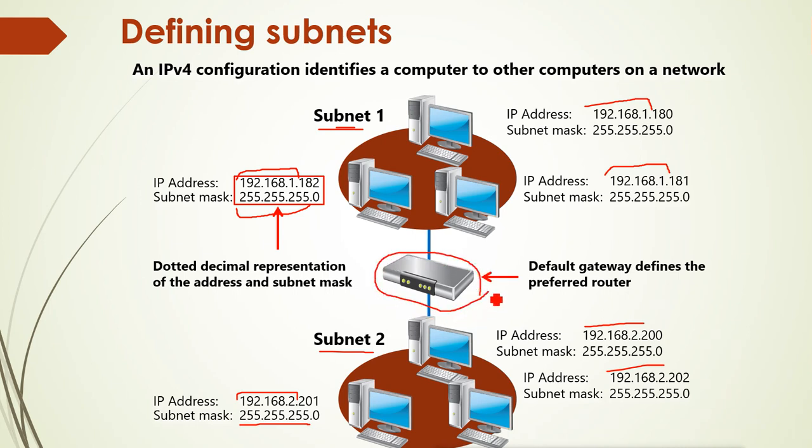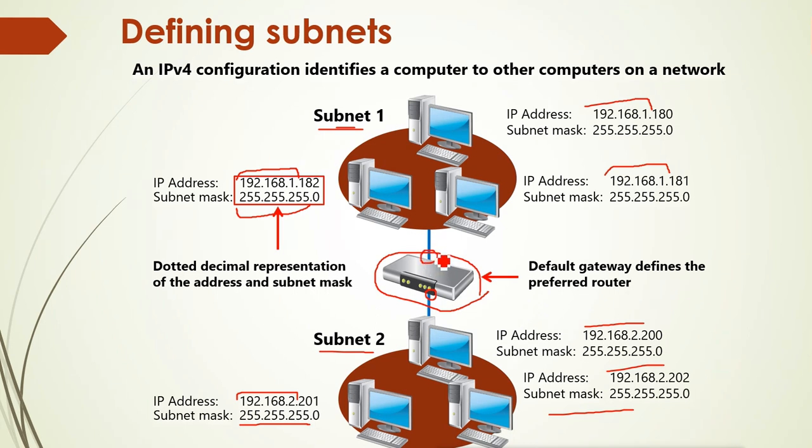A router's job is to connect two different networks. It is defined as the default gateway and preferred router. So we define the gateway on these machines. When we configure the IP addresses, we will define the gateway address of this router. On this subnet also, when we configure the IP addresses, we will define the gateway of this router.